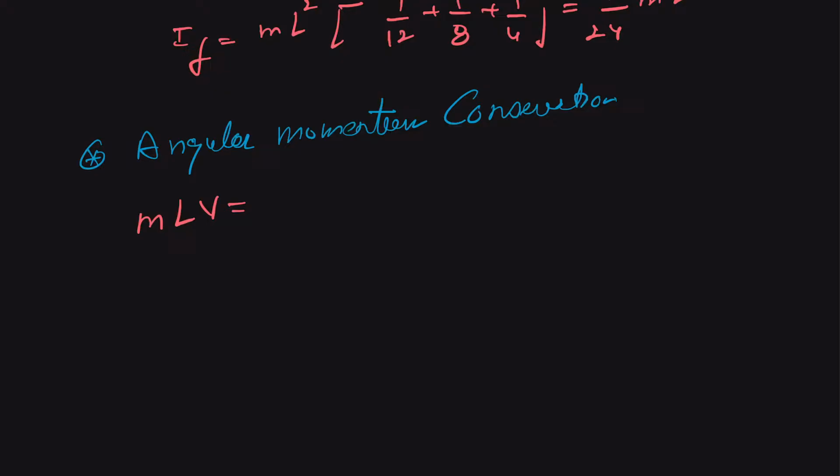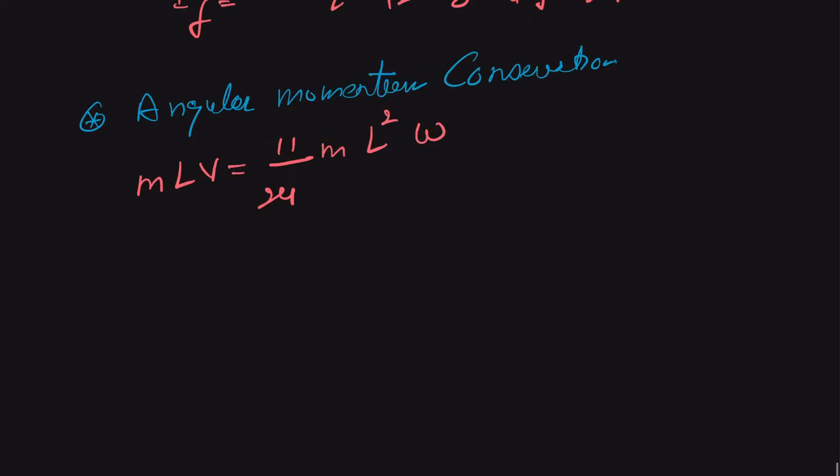So we get this as 11 upon 24 ml square times omega, and this mass and length square go away.